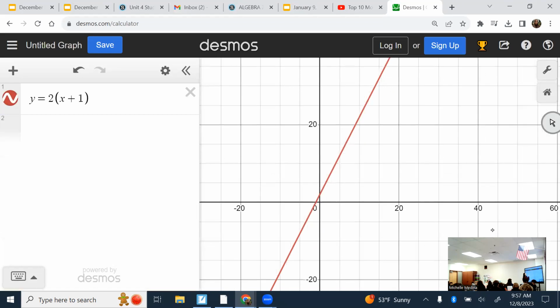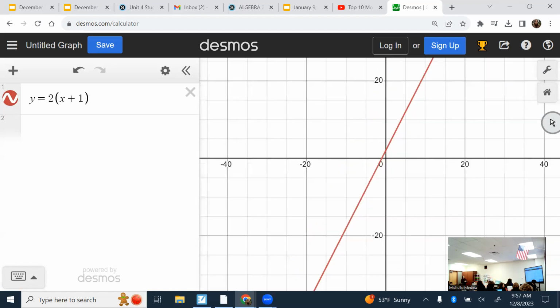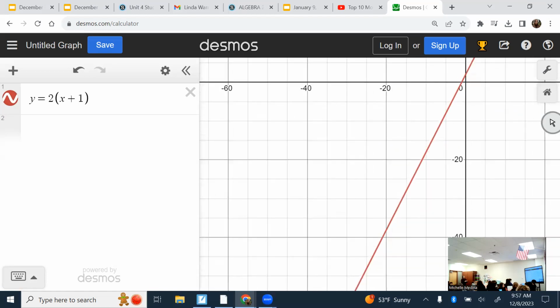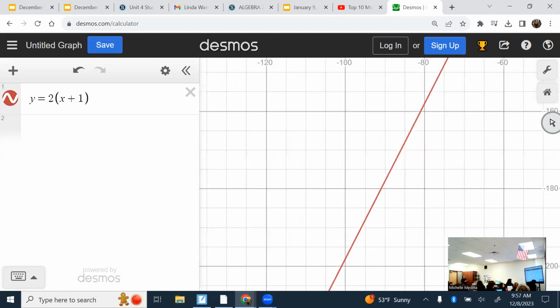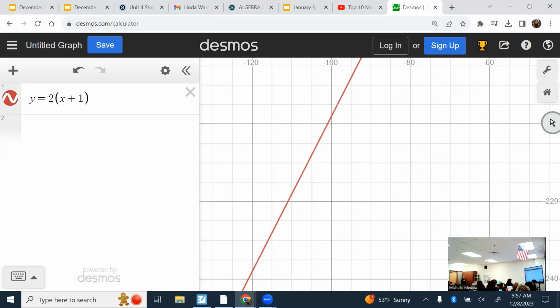So if domain's referring to all the x's, will this line eventually go all the way to the left? Will it touch all the way to the left, or does it just stop at some point? It keeps going, so there's no boundary on the left.